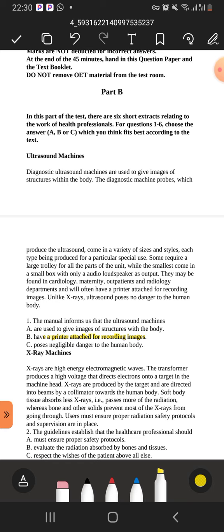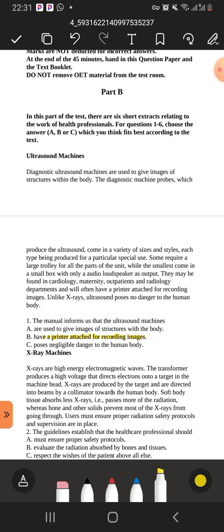A looks like it, but in A, they substituted within with with. Structures within the body and structures with the body. We are going to see this a lot in the exam, so what we need to do is pay attention and eliminate wisely and accordingly.